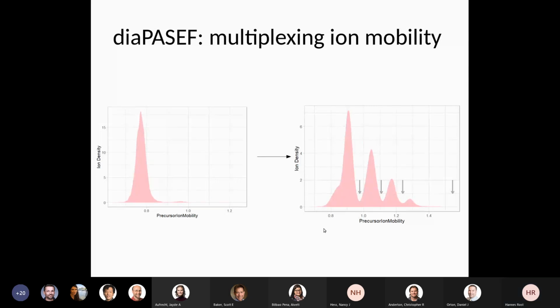Now, if we multiplex our data-independent acquisition windows the way I explained on the slide before, we perform a switch of the quadrupole to a new placement here, and we can capture another population of ions from here to here, then a third population of ions here, and finally a fourth population of ions.